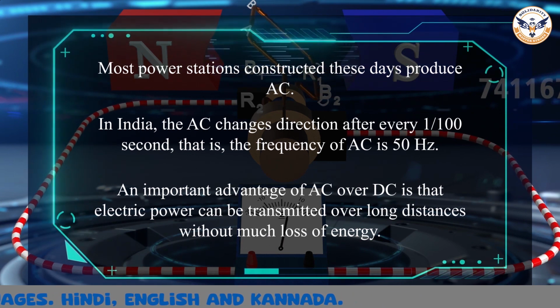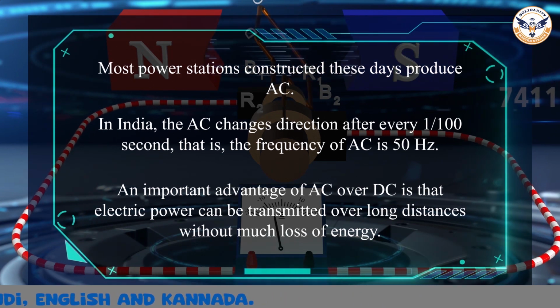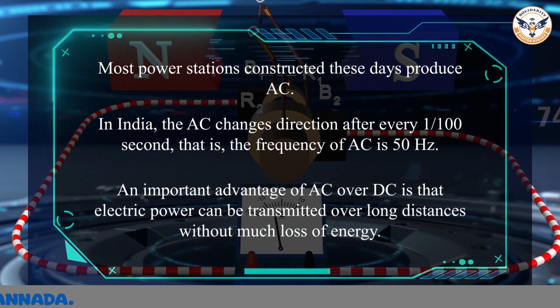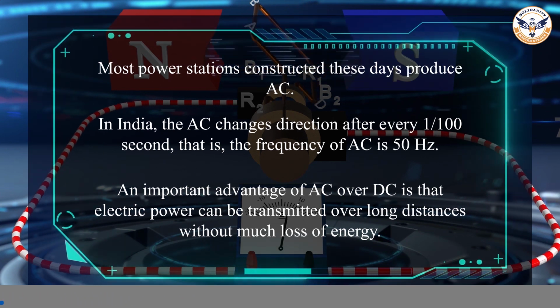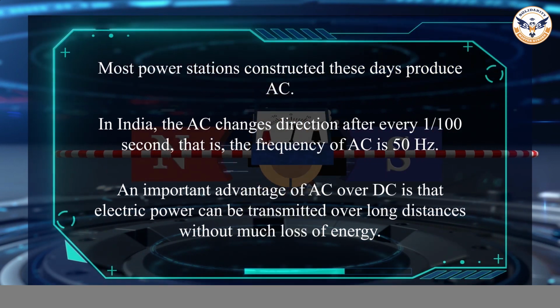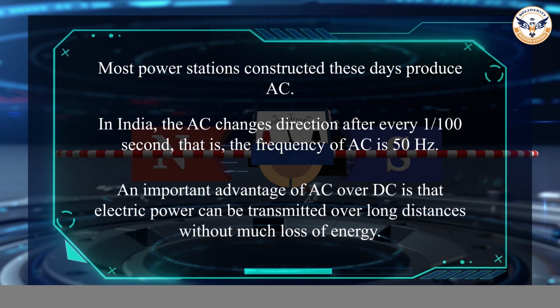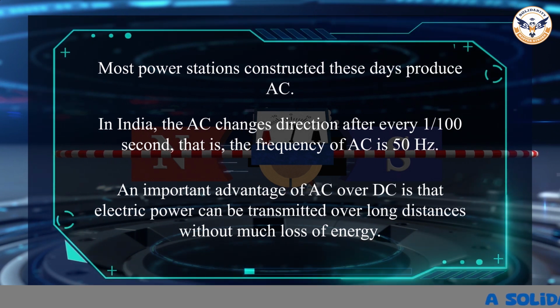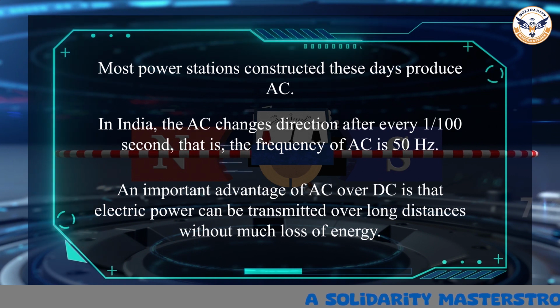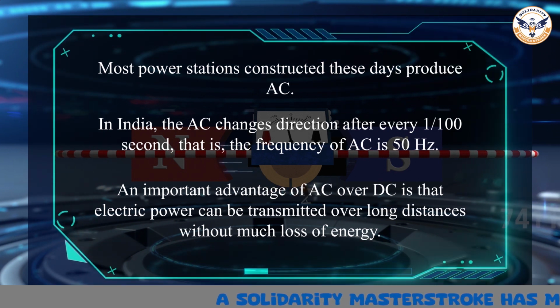In India, the AC changes direction after every 1/100 second, that is, the frequency of AC is 50 Hz. An important advantage of AC over DC is that electric power can be transmitted over long distances without much loss of energy.